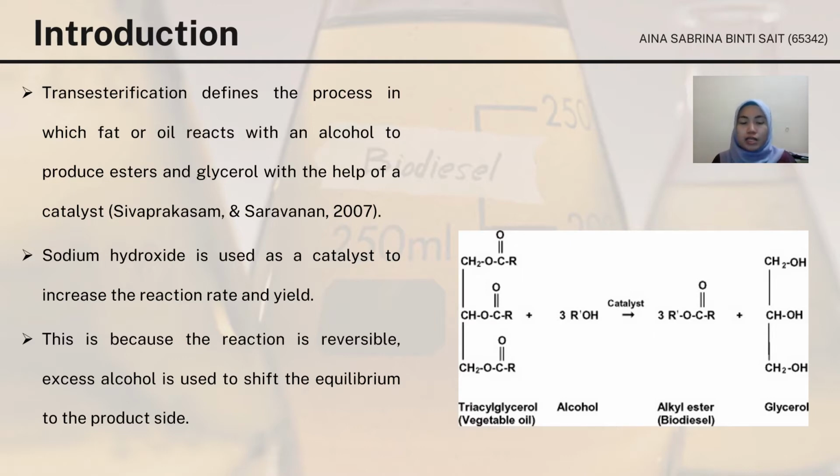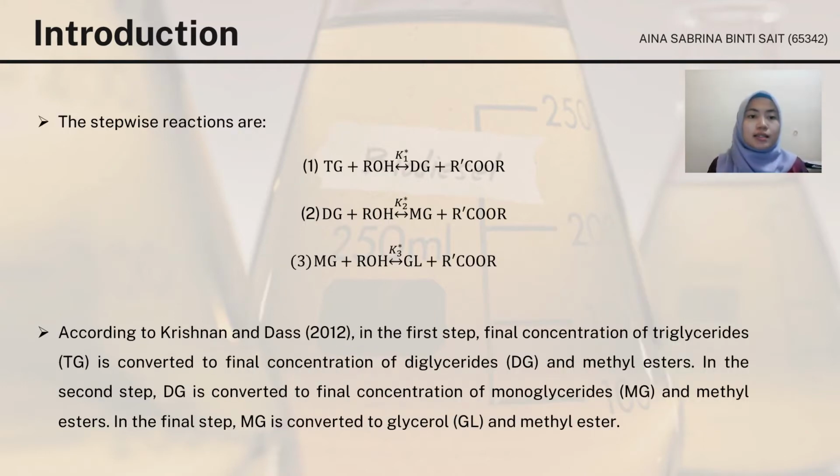Shown below is the chemical reaction of the transesterification process, where triglyceride, or the waste cooking oil, reacts with an alcohol with the assistance of a catalyst to produce biodiesel, or alkyl ester, and the byproduct glycerol. These are the stepwise reactions of transesterification.